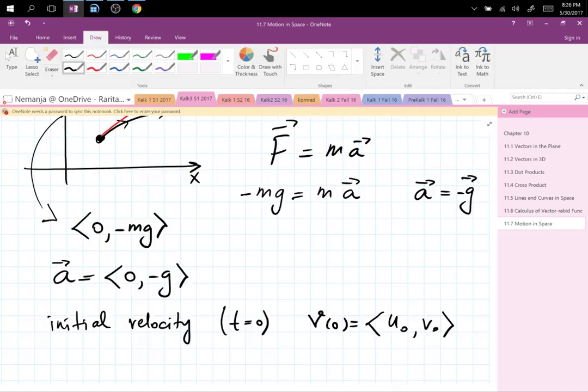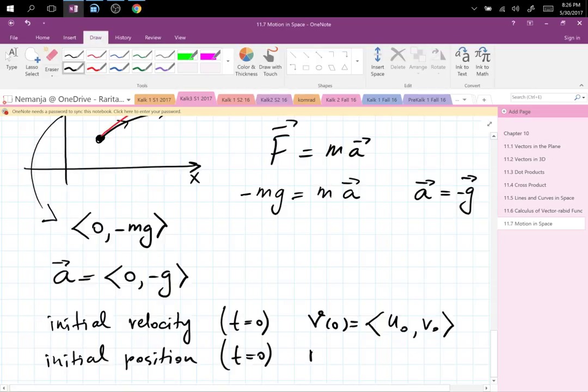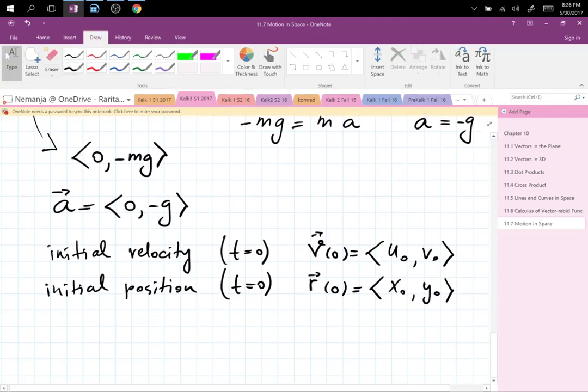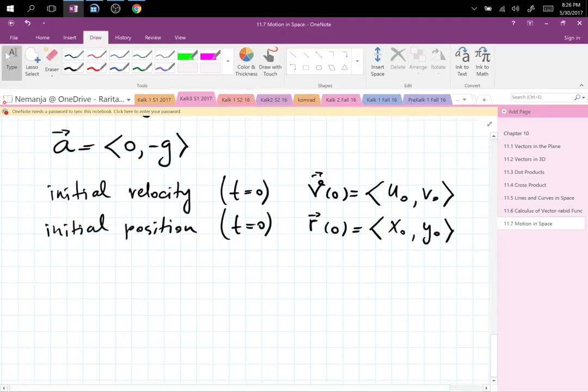And then we have the initial position, which is also t equals 0, and in our case that's r. These are vectors of 0, which gives us x0 and y0. So we use these to set up our equations.